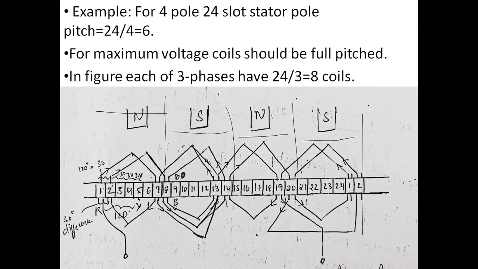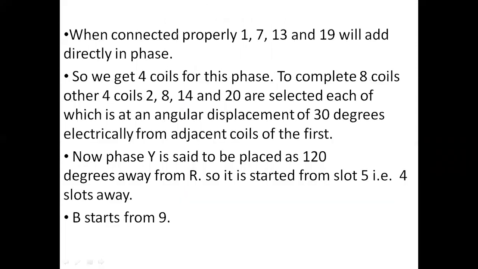Actually, these will be in circular form, but for easy understanding, I am marking them in linear form. Okay, so this is the basic thing about the full pitch. Now we will go in depth into the full pitch and short pitch, and how to calculate the full pitch and short pitch. Okay, see here.